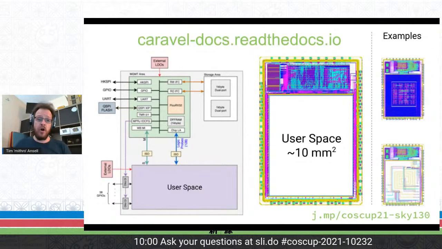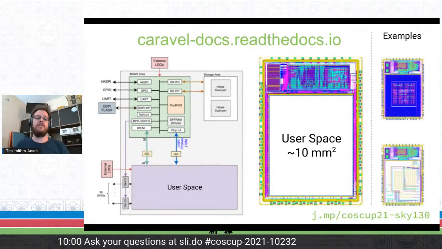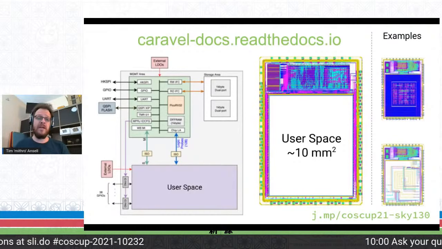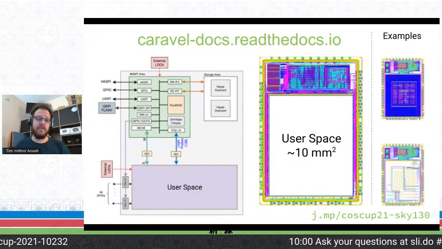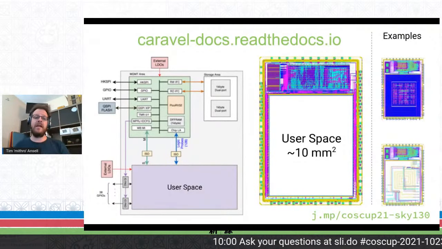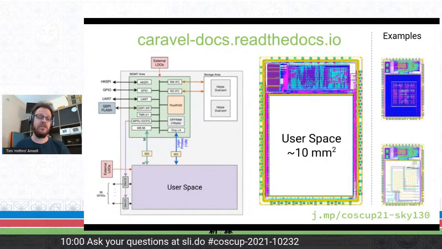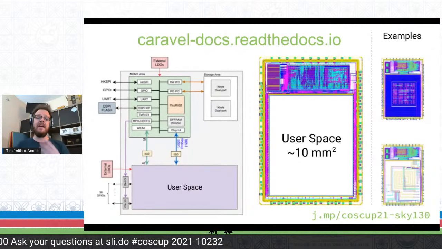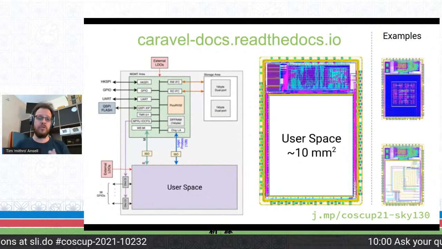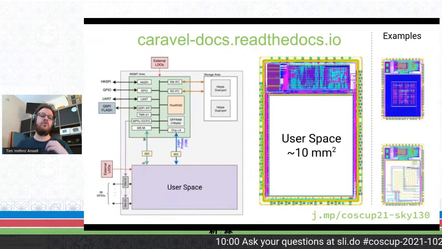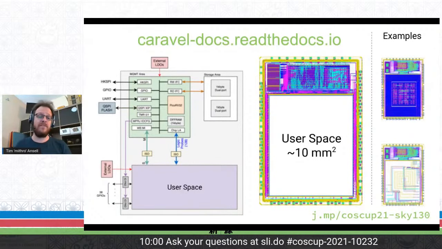My eventual goal is to get us to a stage where something like the Caravel harness has things like USB 3 already enabled in it, so you can have things like high-speed internal logic analyzers and high-speed analog to digital converters, so you can analyze your internal circuit and your internal ASIC without having to have lots of expensive equipment.